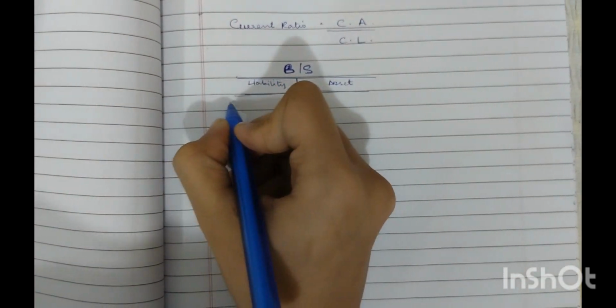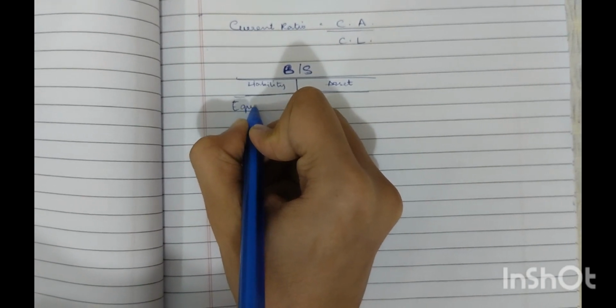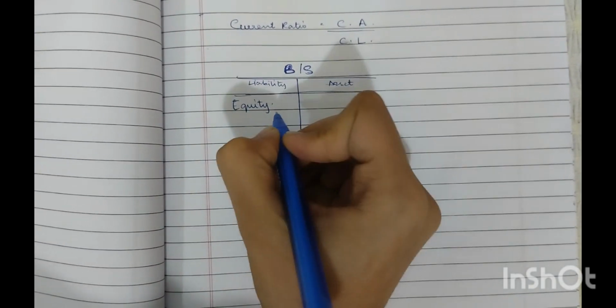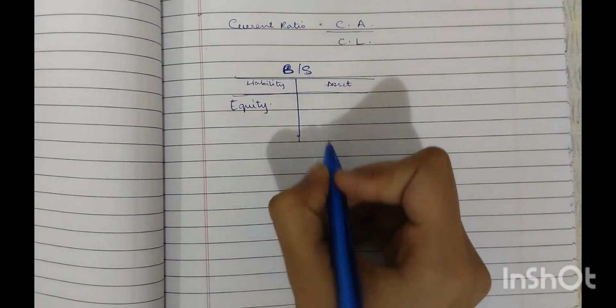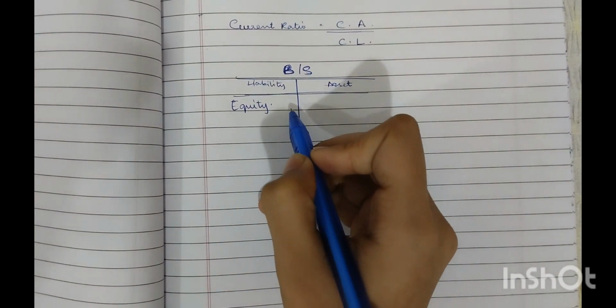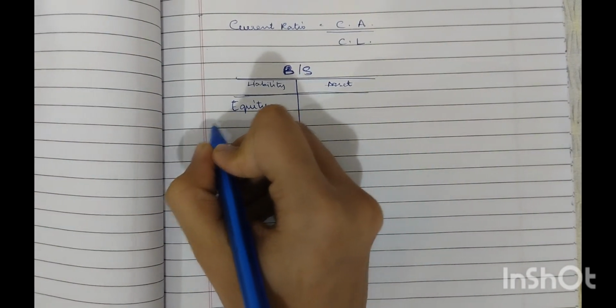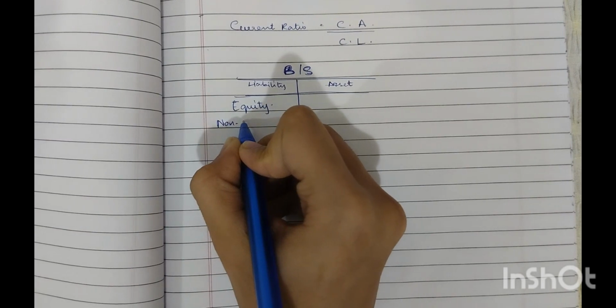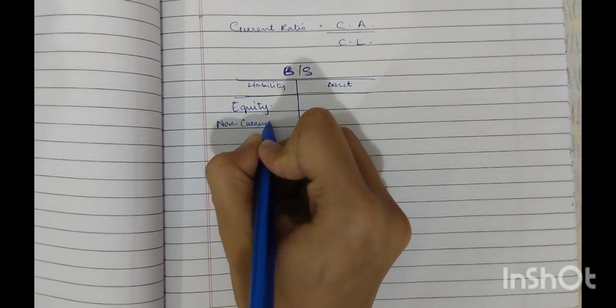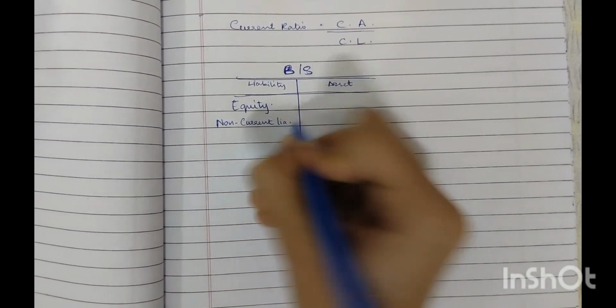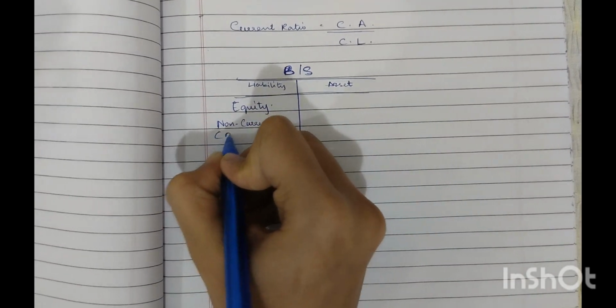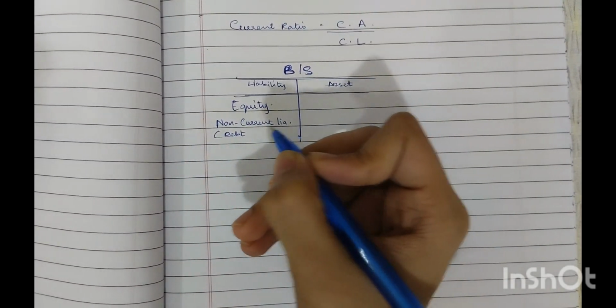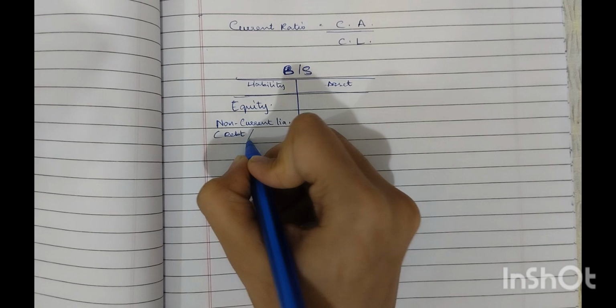On the liability side, we have the equity, and this equity is actually the shareholders' funds given in the question. So another name for equity is shareholders' funds. Then there are non-current liabilities, which is also known as debt or long-term liabilities.